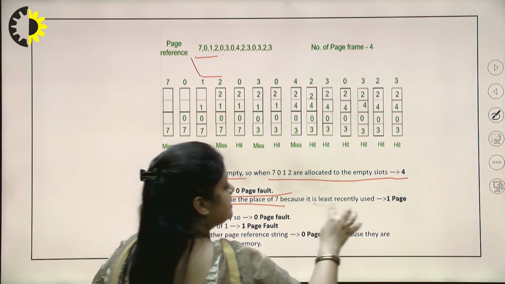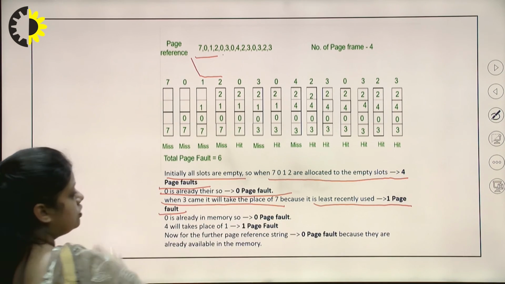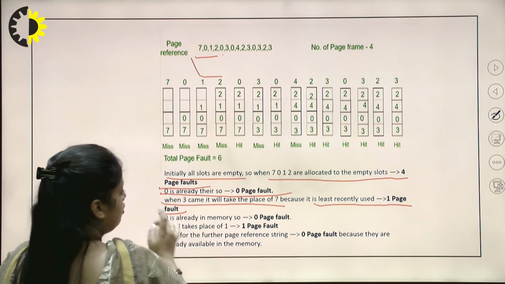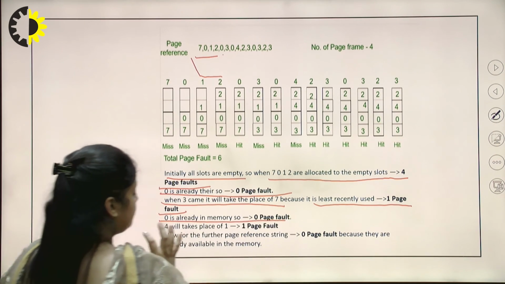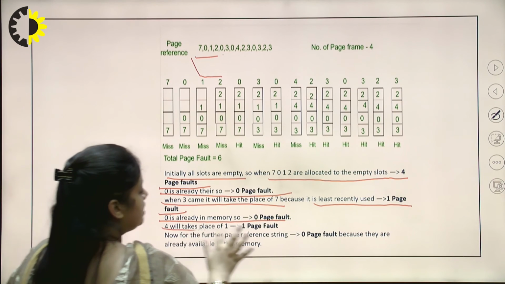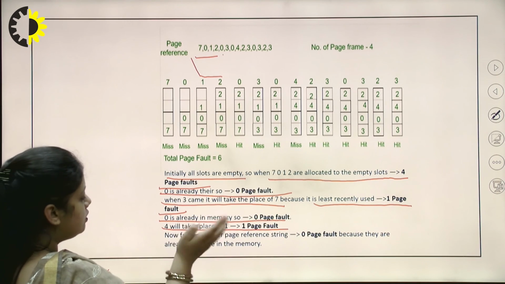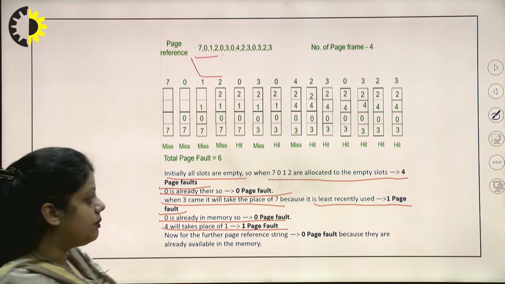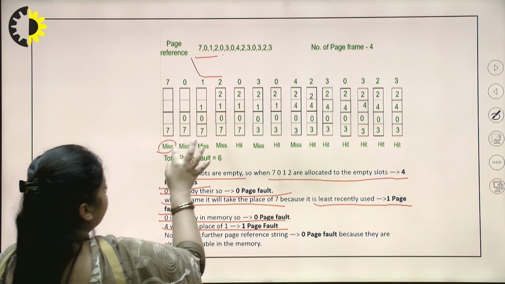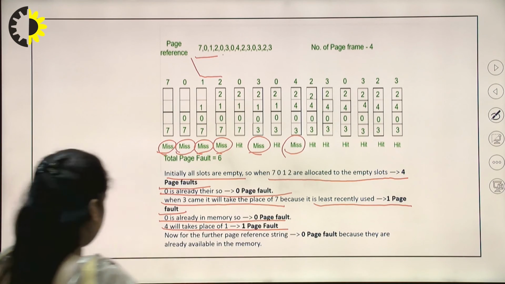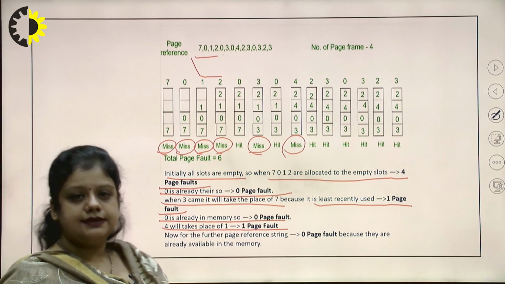Why? Because it is the least recently used page. So this is the next page fault. Then 0 was already in memory, so 0 page faults. Then 4 will take the place of 1, as I said. Now for further pages, 0 page faults because all of them are already available in the memory. So we count the total number of misses: 1, 2, 3, 4, 5 and 6. So the total number of page faults here was 6.